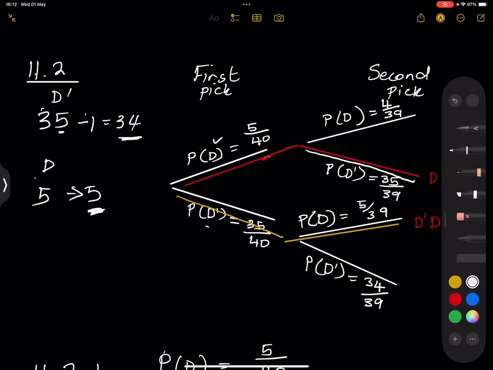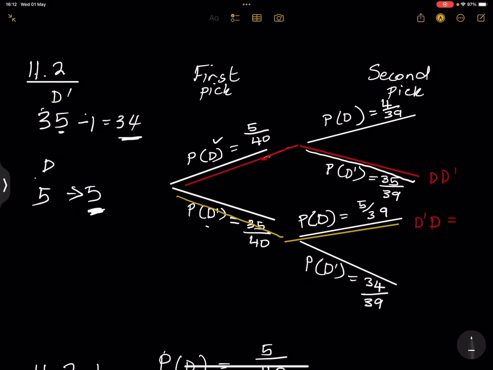Right, so I'm going to say it's 35 over 40 rather, multiplied by 5 over 39. Okay, so I'm out of space there. So that's 5 over 39. Okay, so that's 5 over there. Right, let's just make some space.